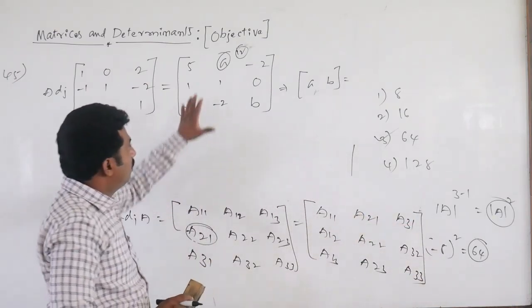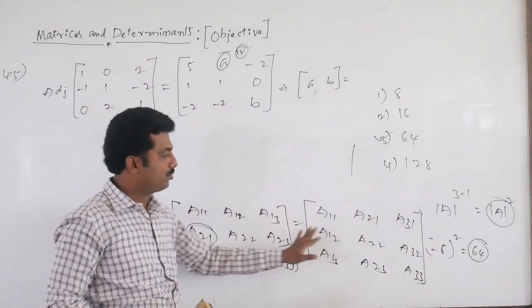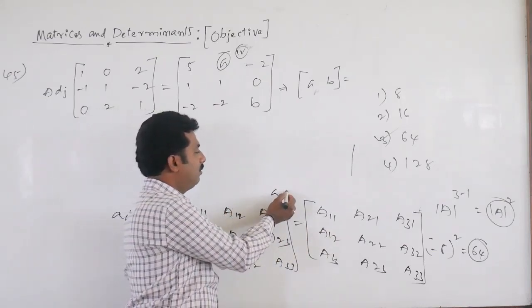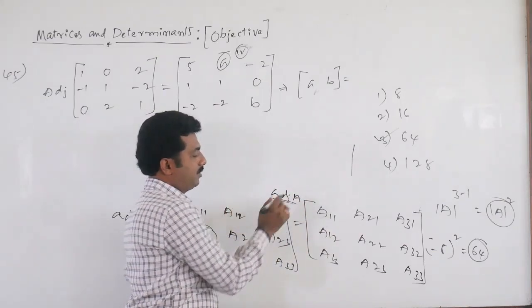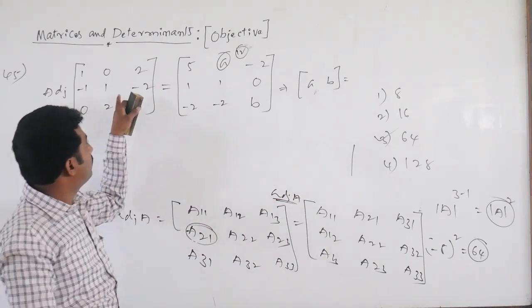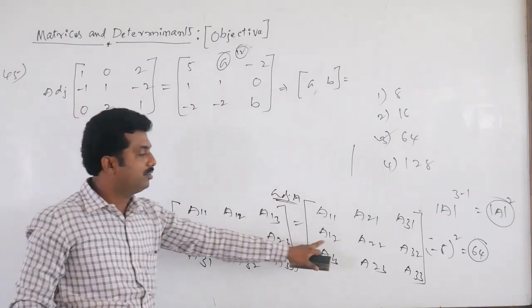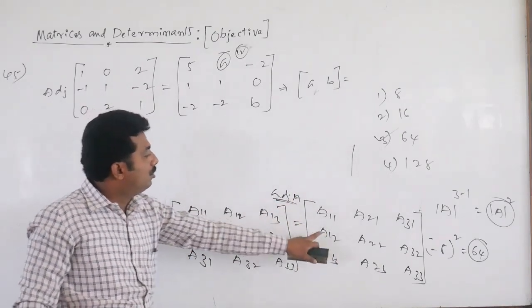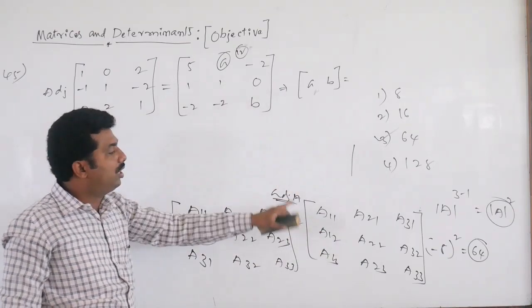Very clear. This is the adjoint of A matrix. So if you calculate the adjoint of A, you will get this type of matrix, and this one and that one are both equal.